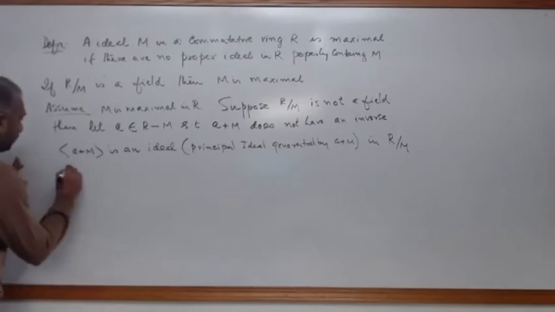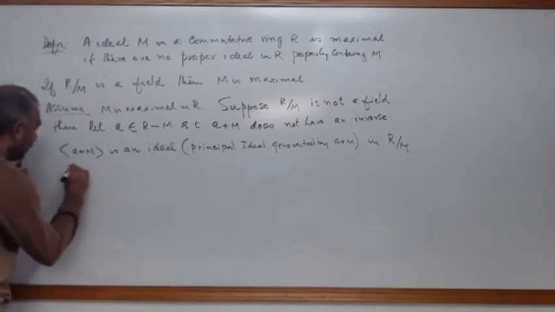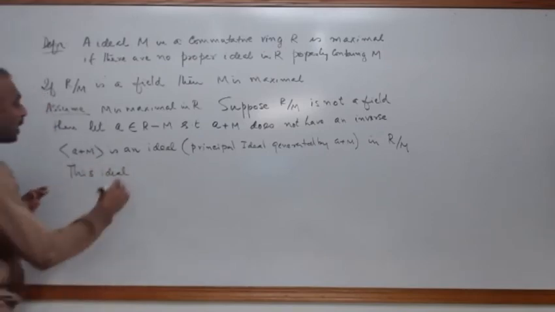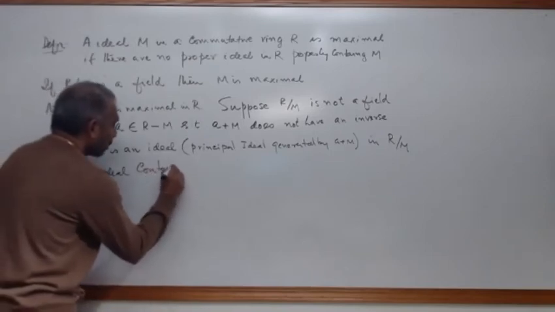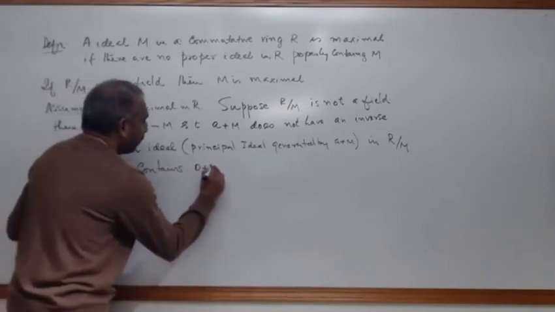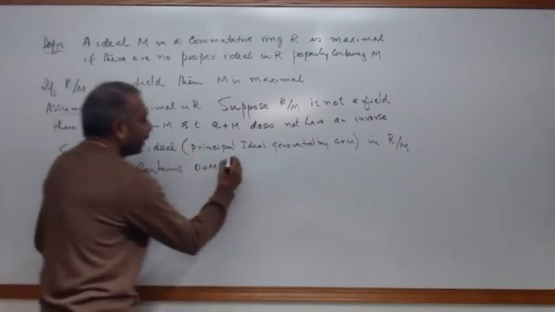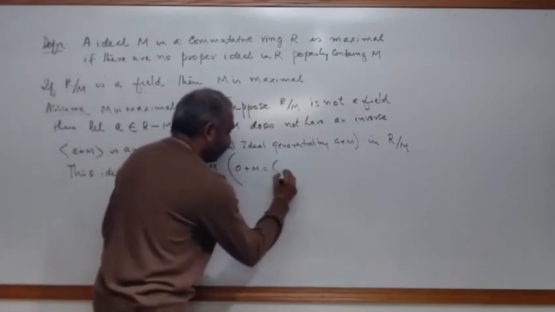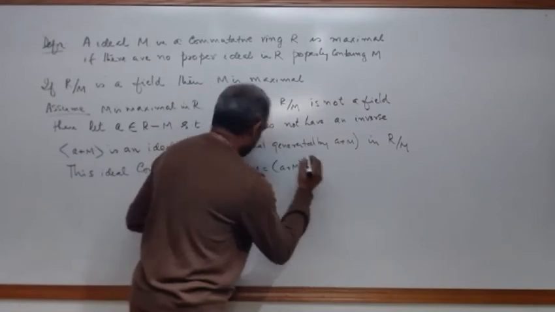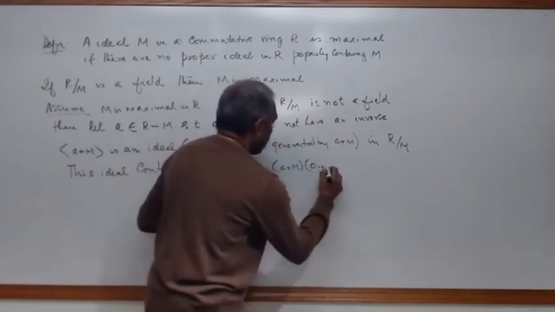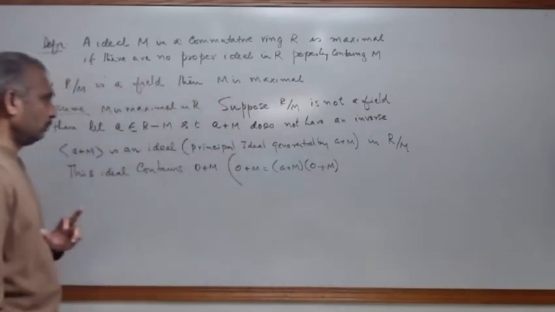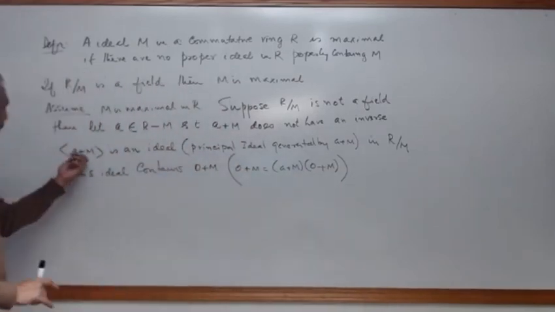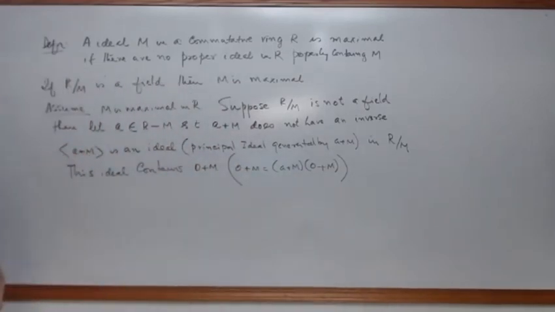This ideal contains 0 plus M. That is because 0 plus M is equal to A plus M times 0. So this is an element in this principal ideal. That is the reason.